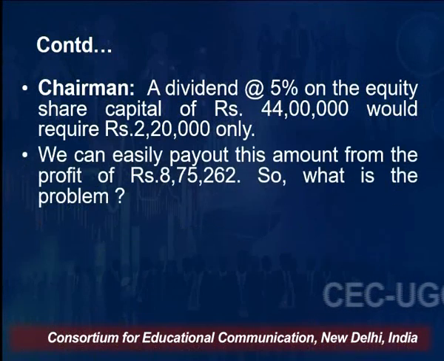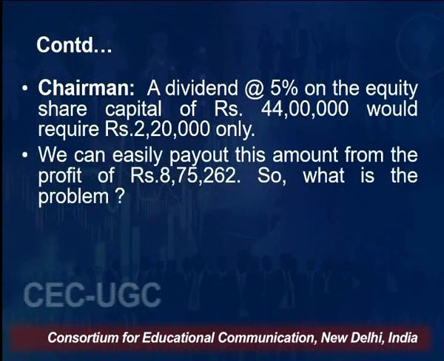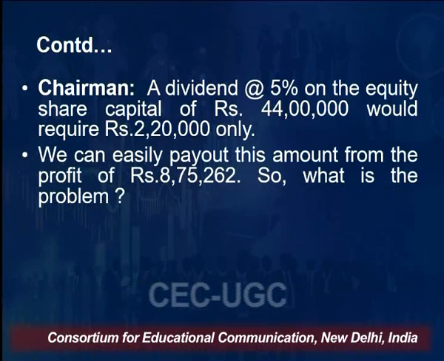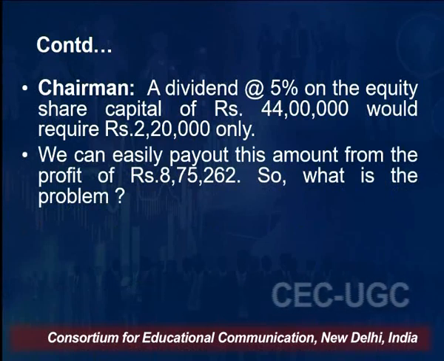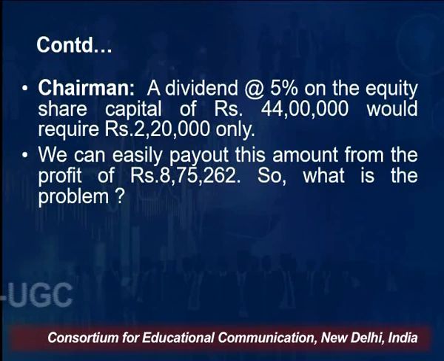And given the profit of 8,75,262, it is almost 1/4 of that value. So the chairman responds to the skeptical attitude of the CFO with this figure, and asks what is the problem? Why can't we pay dividend?